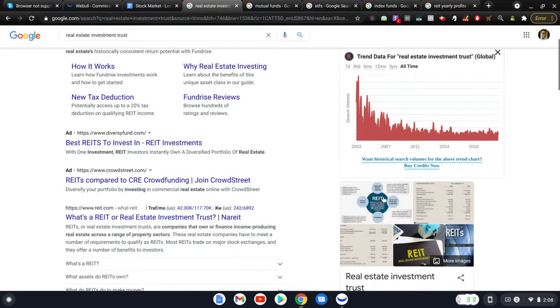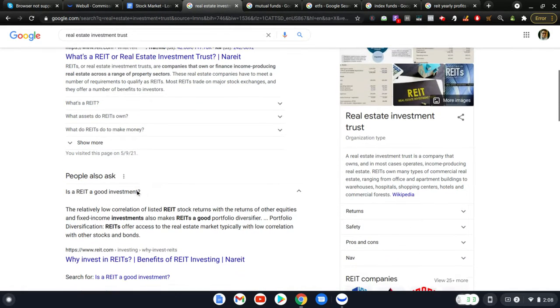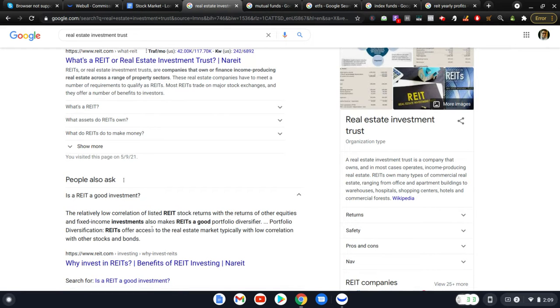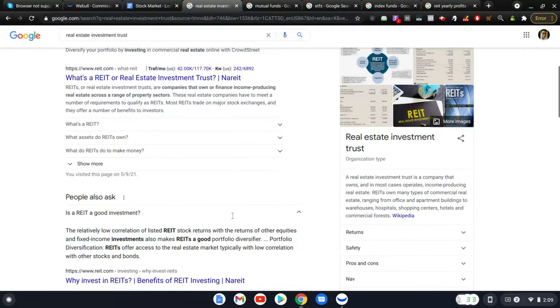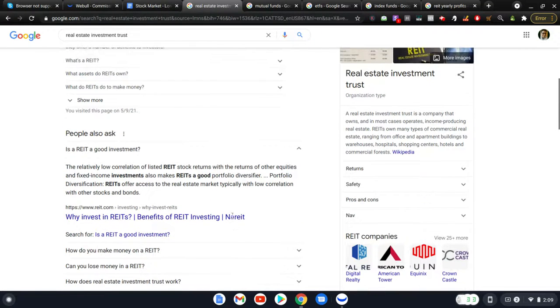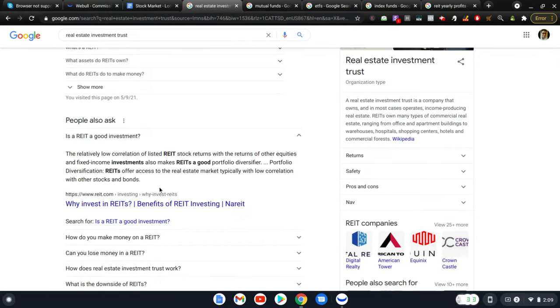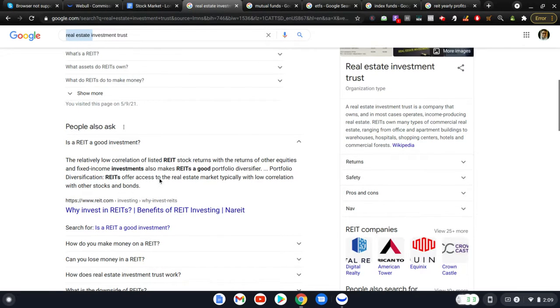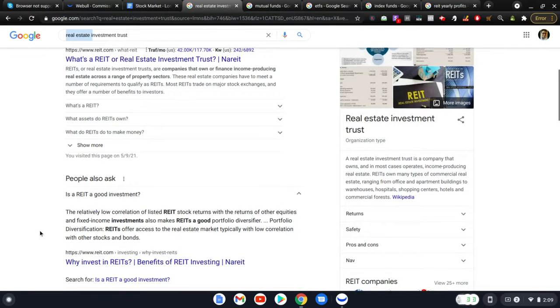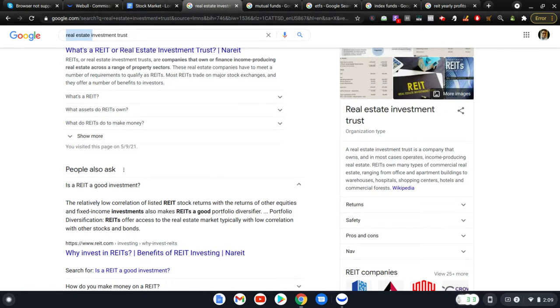Long story short, you invest in a particular stock, and managers of these portfolios will use the money that investors put into that stock, and they will invest in nothing but real estate related projects or properties with the intention of growing the money, and to provide a return of about 15% yearly on average. So that's basically what it is.